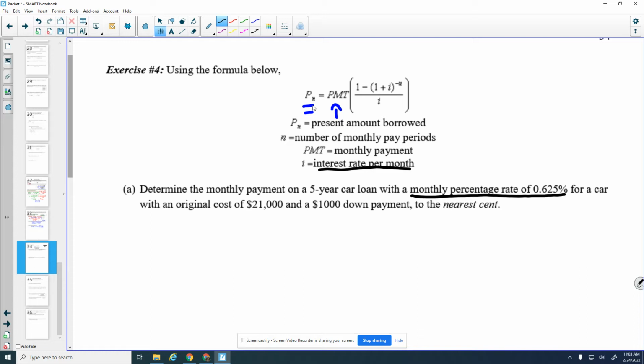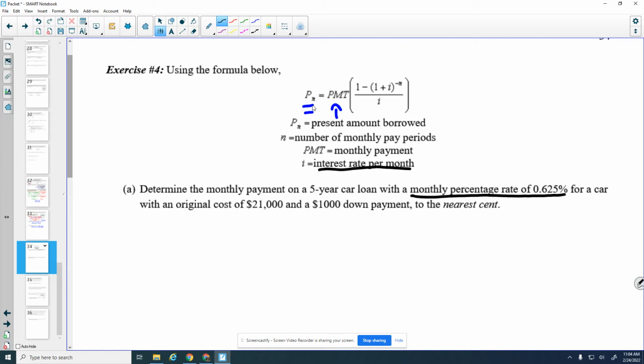So here it says, using the formula below, determine the monthly payment on a 5-year car loan with a monthly percentage rate of 0.625% for a car with an original cost of $21,000 and a $1,000 down payment to the nearest cent. So there's a lot of information here.